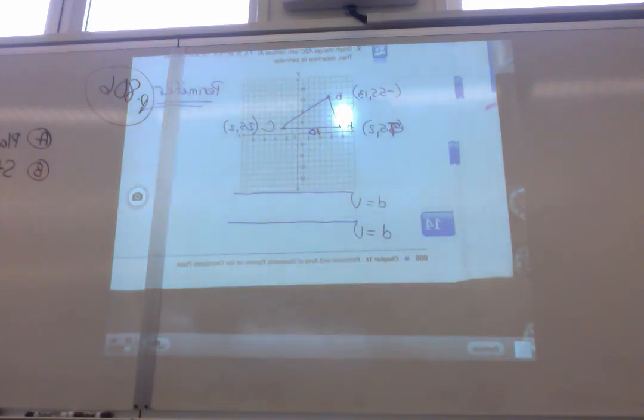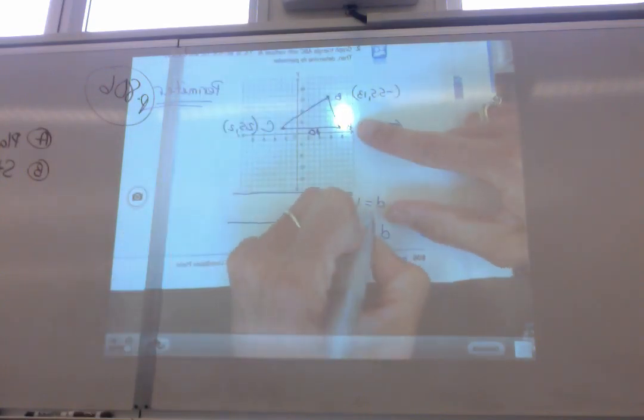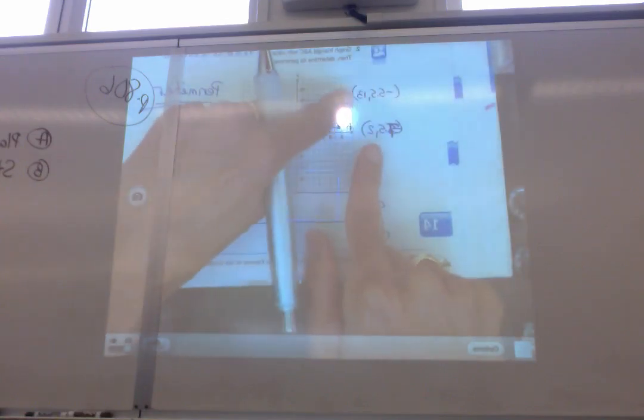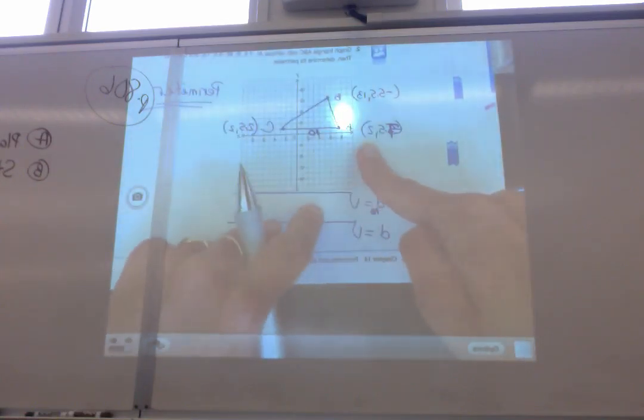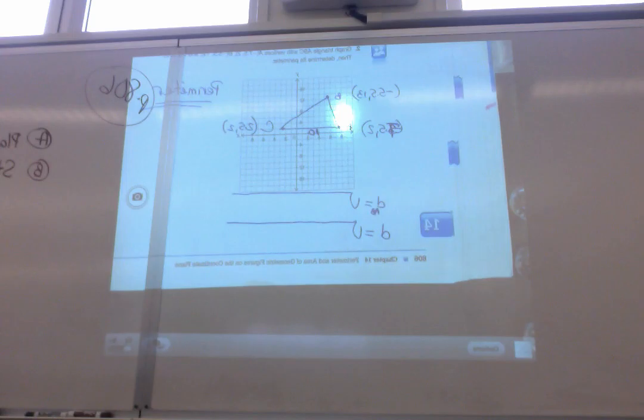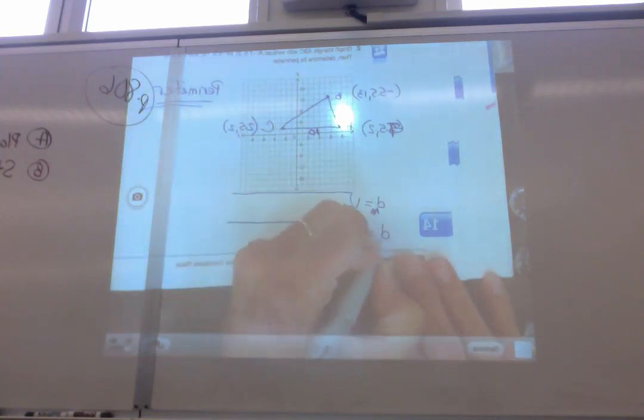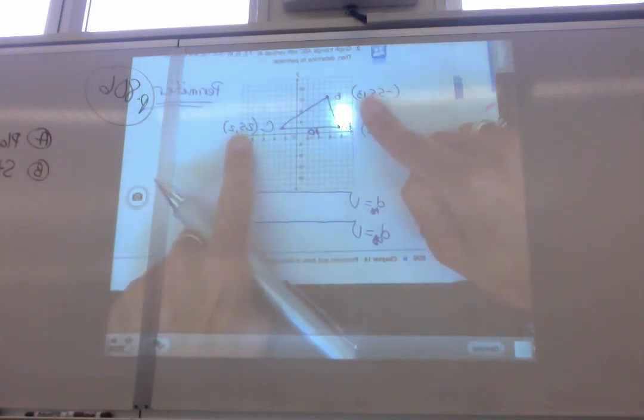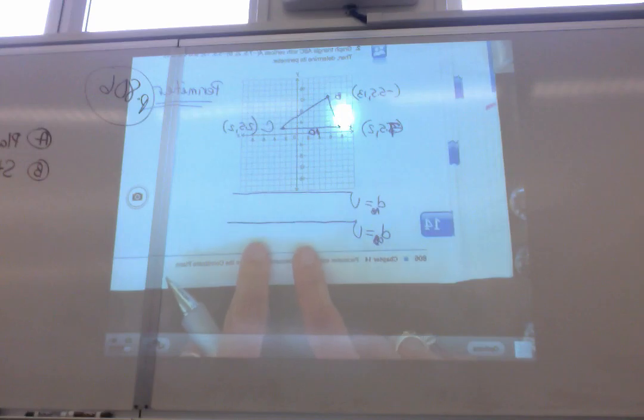Okay? Front row, all of you guys, I want you to find the distance from A to B. Use these coordinates and load them into that distance formula. Back row, all of you guys over there, I want you to find C to B. Okay, you're going to need to use these coordinates, load them into the distance formula.